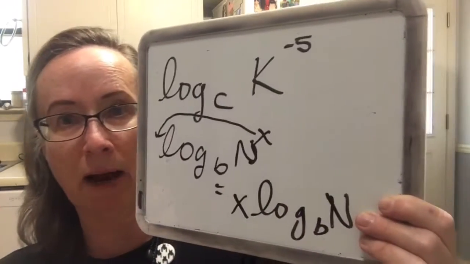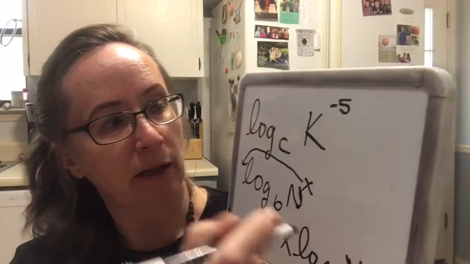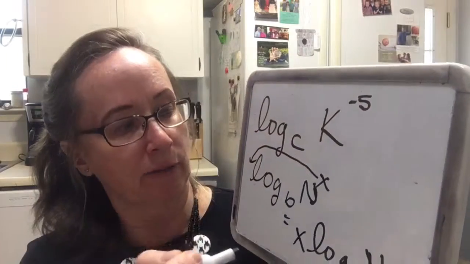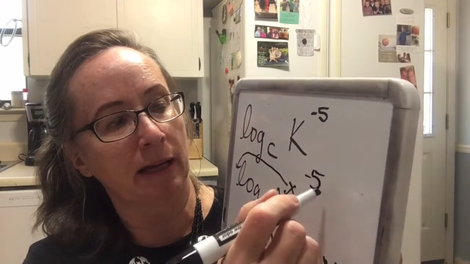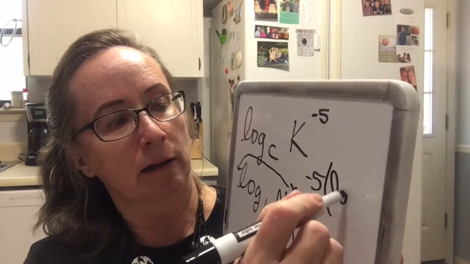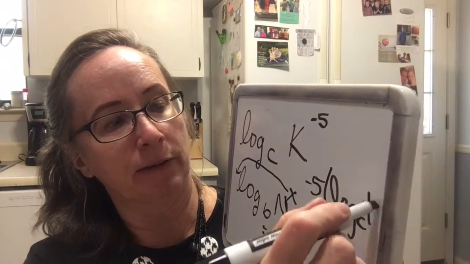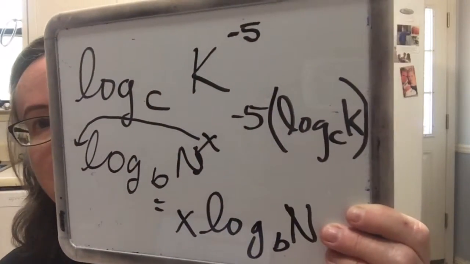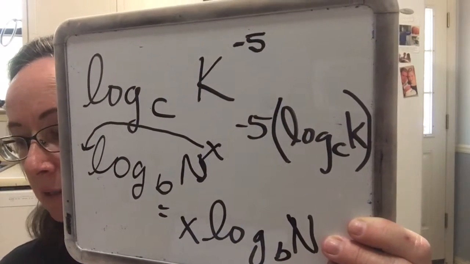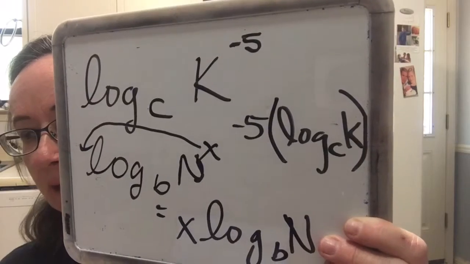So that is our power rule. And in this one, we're going to run this negative 5 around to the front, and we're going to get negative 5 times the log base c of k. And since we can't do anything with the c and the k, that is our final answer there. And that's exactly what they have.